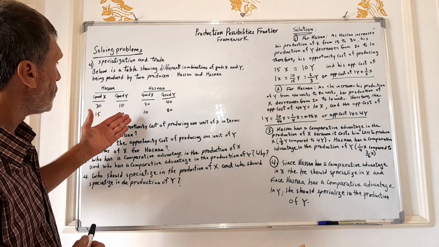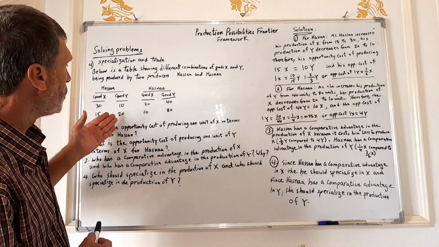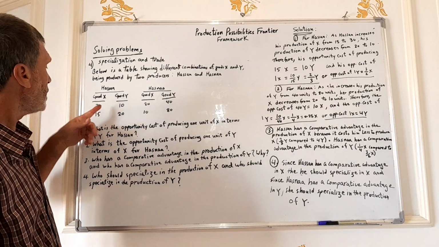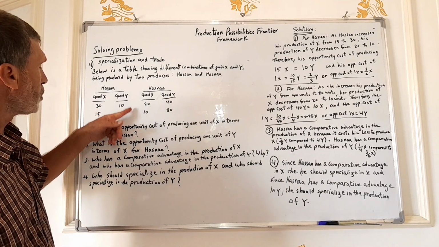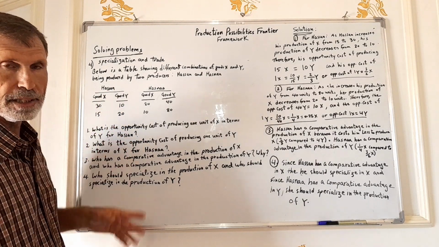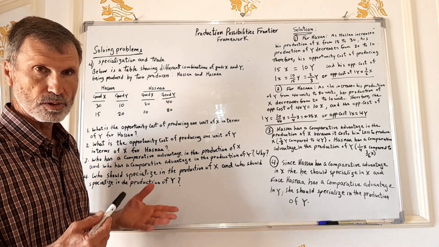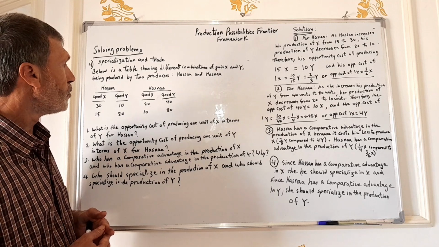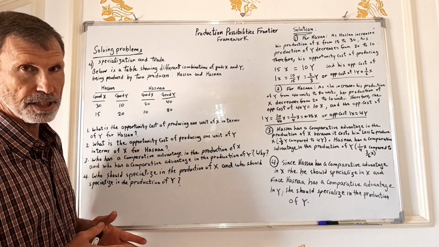This is the PPF of both producers. This is the combination of X and Y that Hassan is producing, and this is the combination of the two goods, X and Y, that Hasna is producing.